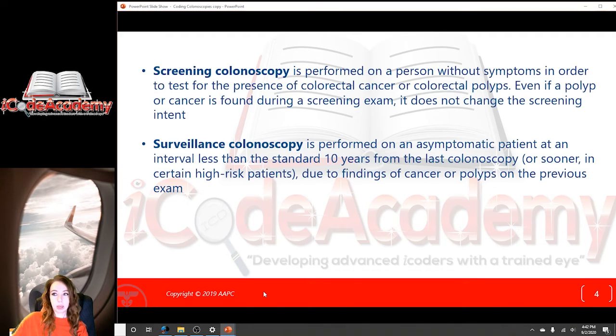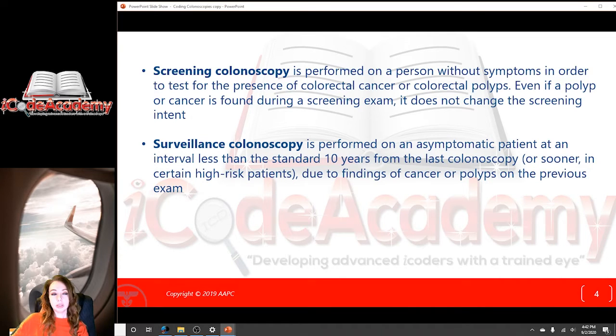The other two types are screening as well as a surveillance colonoscopy. Now, a screening colonoscopy is performed when a patient has no symptoms, and an order is to test for the presence of colorectal cancer or perhaps polyps.